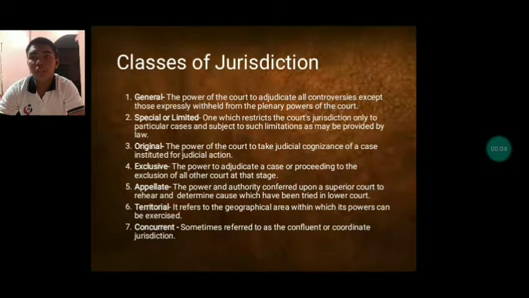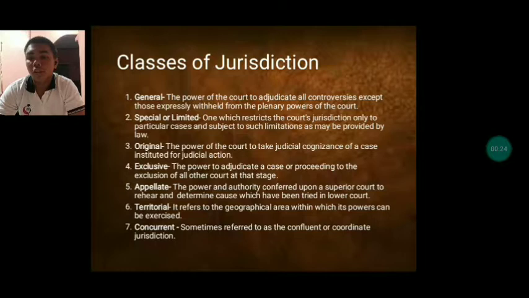So let's proceed to the classes of jurisdiction. First is the general. The power of the court to adjudicate all controversies except those expressly withheld from the plenary power of the court.